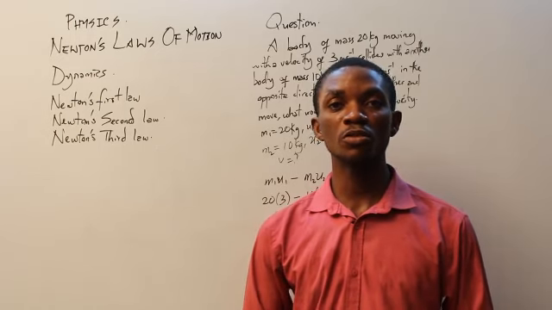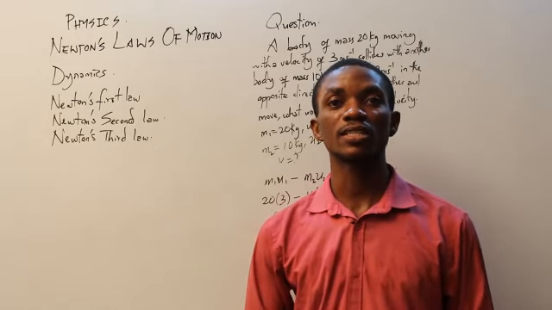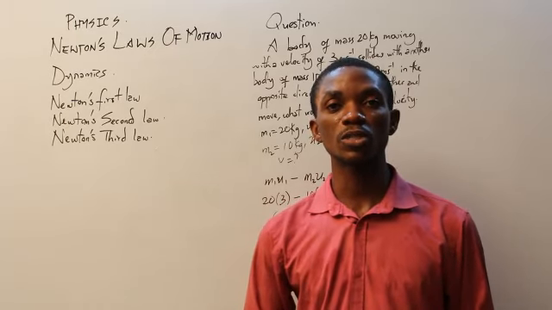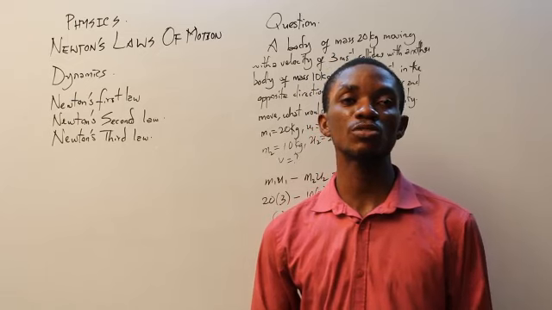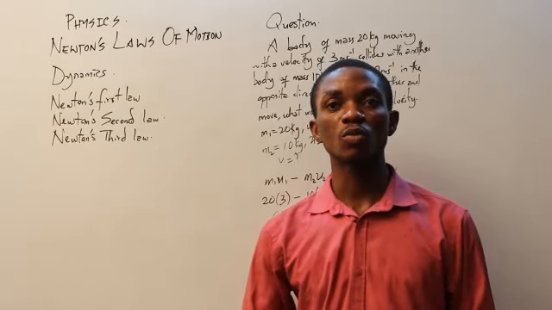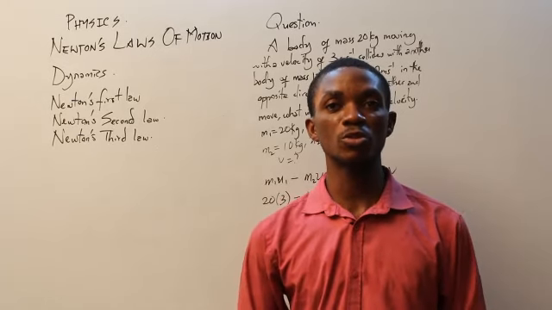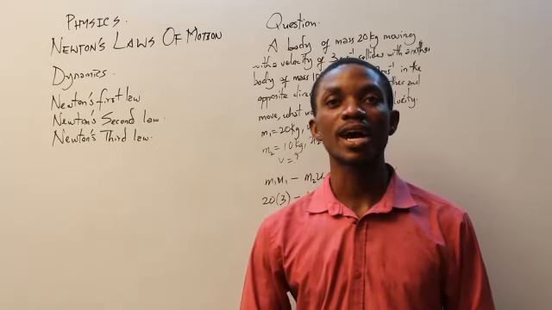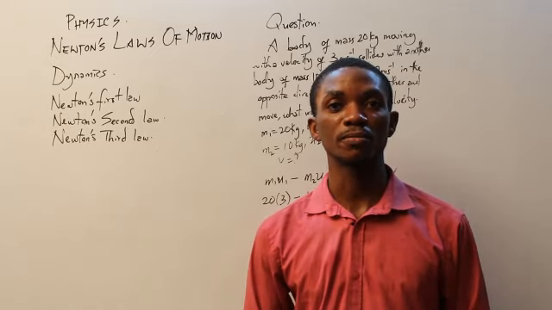Newton's third law states that to every action there is an equal and opposite reaction, and this led to us considering the law of conservation of momentum, which tells us that the total momentum of a system is the same at every point in time.